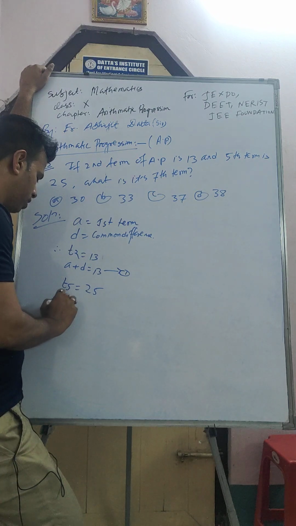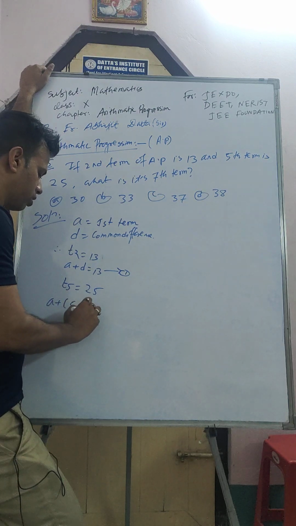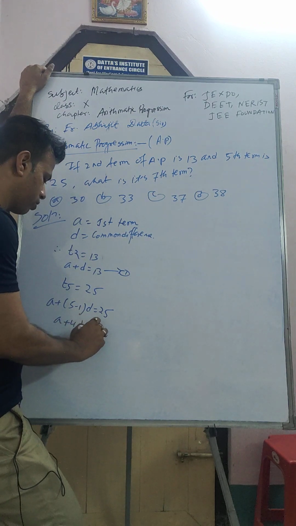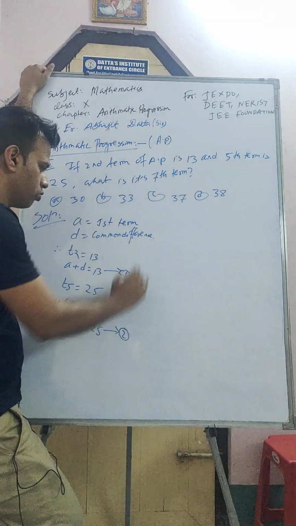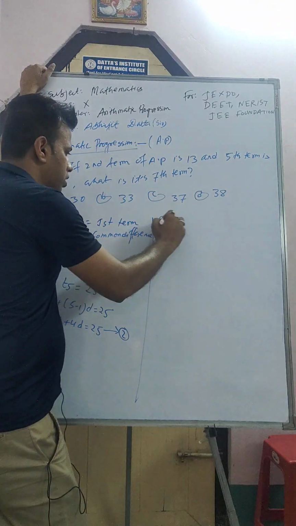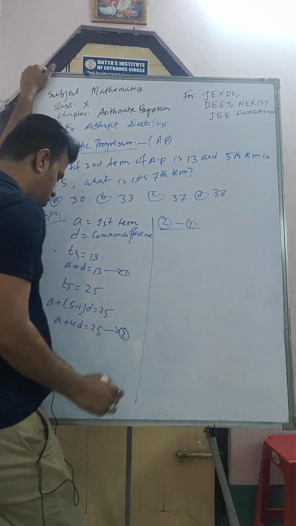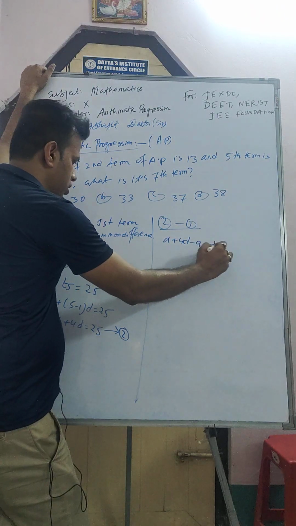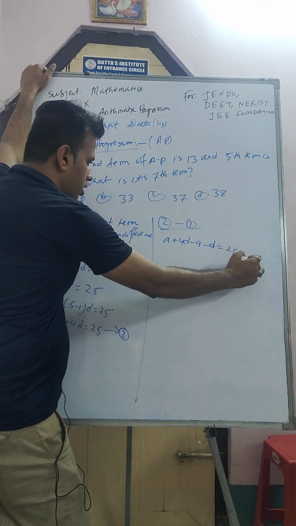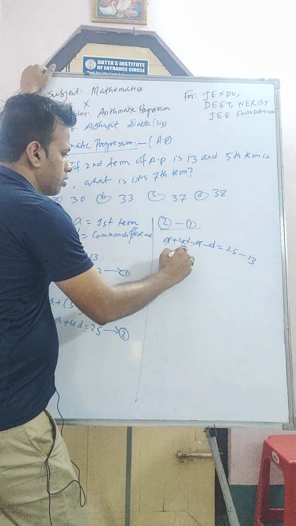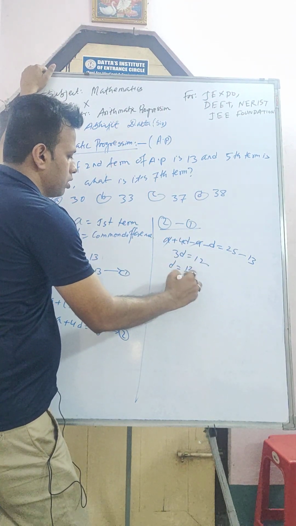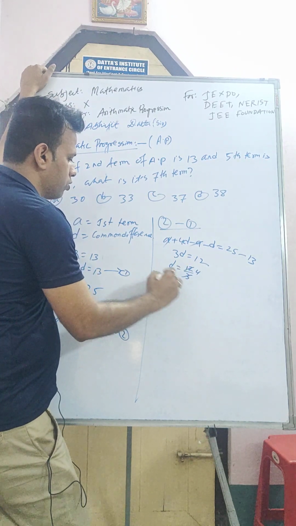So A plus 5 minus 1 into D equal to 25, or A plus 4D equal to 25. This is equation 2. Now subtract equation 2 minus 1. It will be A plus 4D minus A minus D equal to 25 minus 13. A will be cancelled, so 3D will be 12. So D will be 12 by 3, it will be 4. So D we get 4.